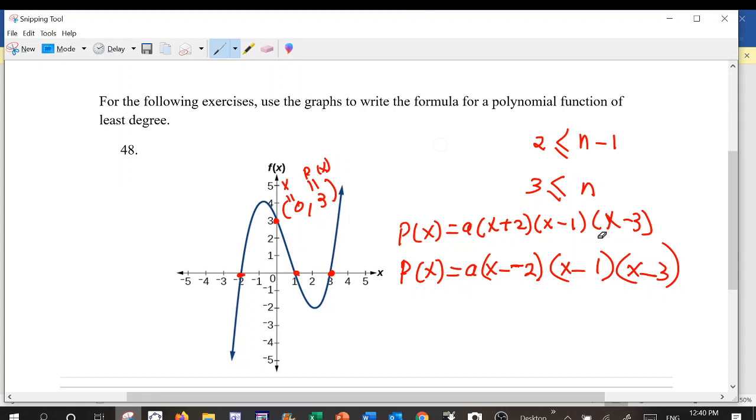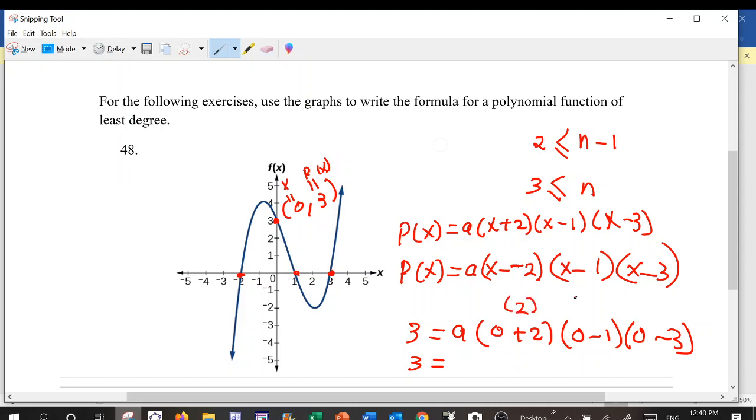I put 0 for x and 3 for p of x. So 3 equals a times 2 times negative 1 times negative 3. Negative 3 times negative 1 is 3, 3 times 2 is 6, so that's 6a. So a has to be 3 over 6, which is 1/2.